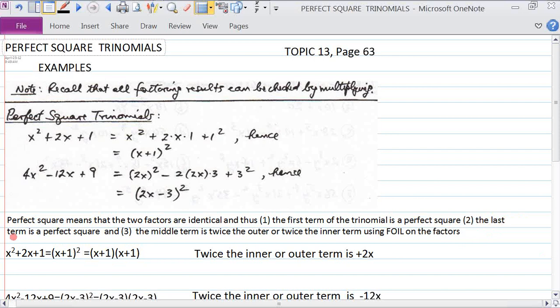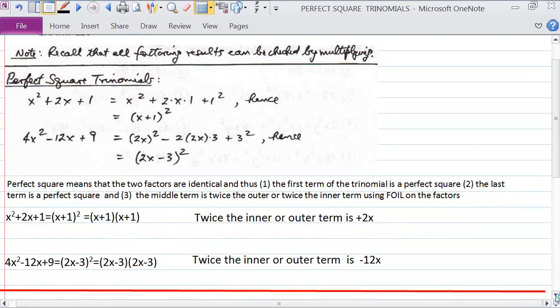And the middle term is twice the outer or twice the inner term using FOIL on the factors. So the first term is a perfect square, the last term is a perfect square, and this is either twice the inner or the outer. Now, of course, you have to pay attention to the sign.